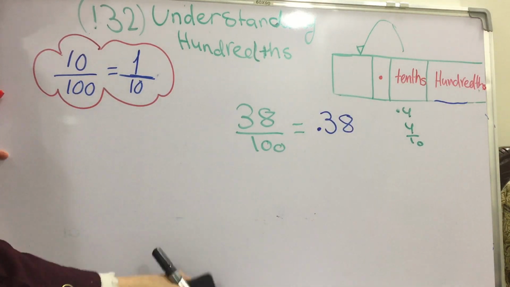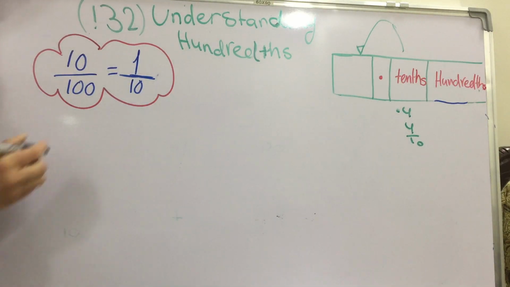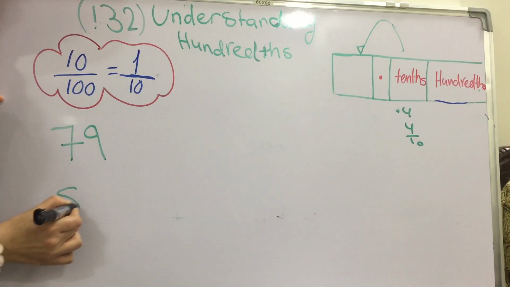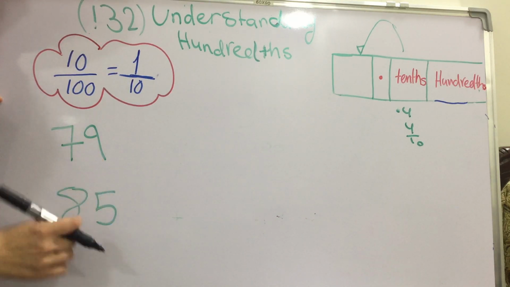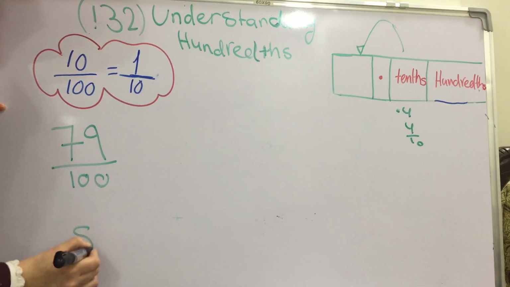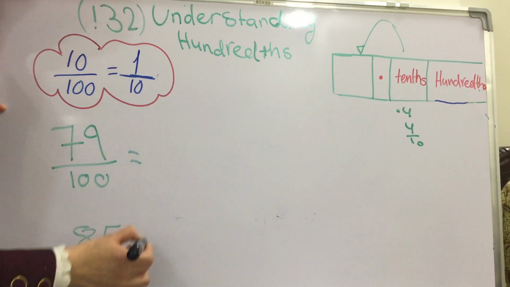Okay, now if you have 79 over 100, and 85 over 100, how can I write it in a decimal way?